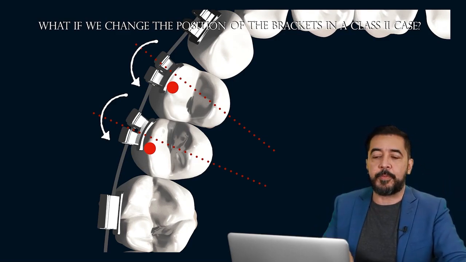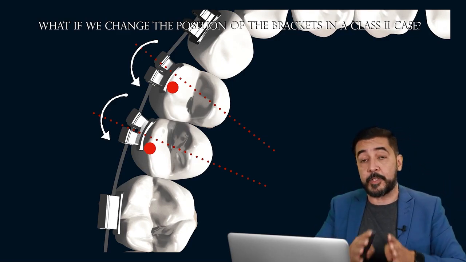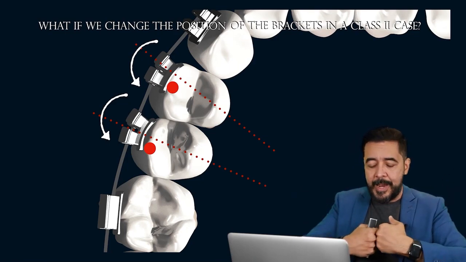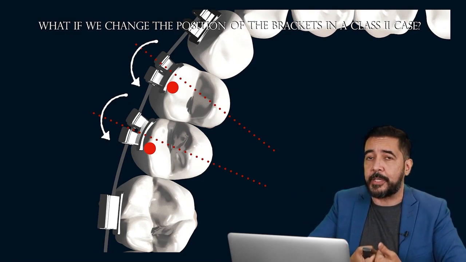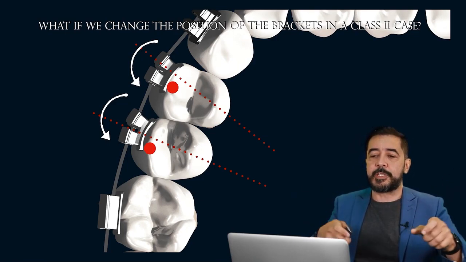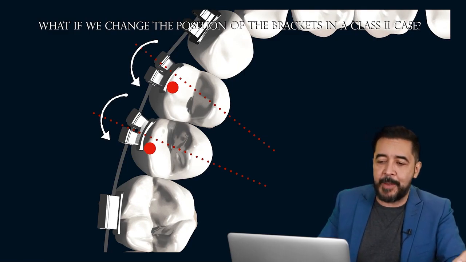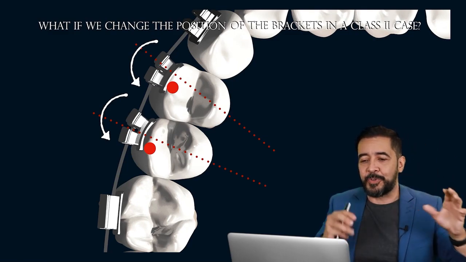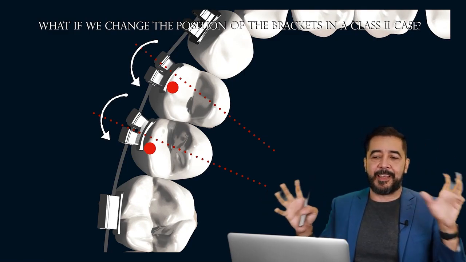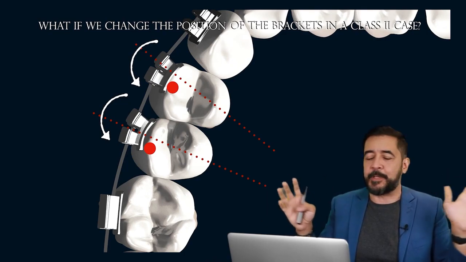So this is something that will allow us to correct a class 2 smoothly, and the intercuspation can be better when we do this kind of trick. Sometimes we think we're doing something to cheat the leveling and alignment, but it's not true.